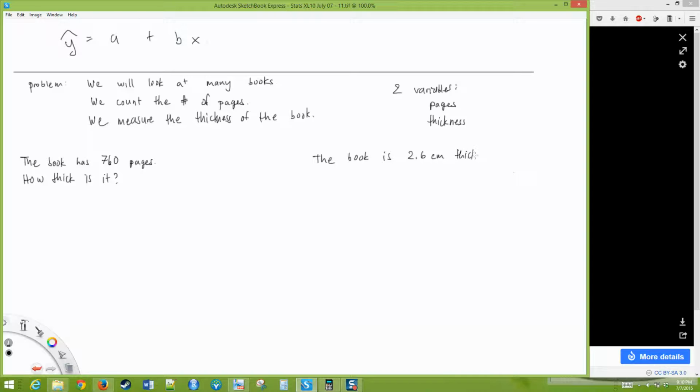How many pages do you think it has? How thick is it? It should be how thick do you predict it to be? And I should say, how thick do you think it is, just to indicate that it's a prediction game.